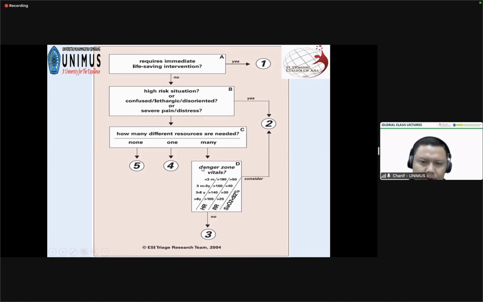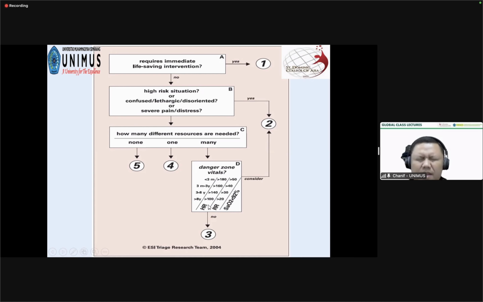If the assessment of vital signs falls in this danger zone, the patient is considered level 2. If no, it is level 3.